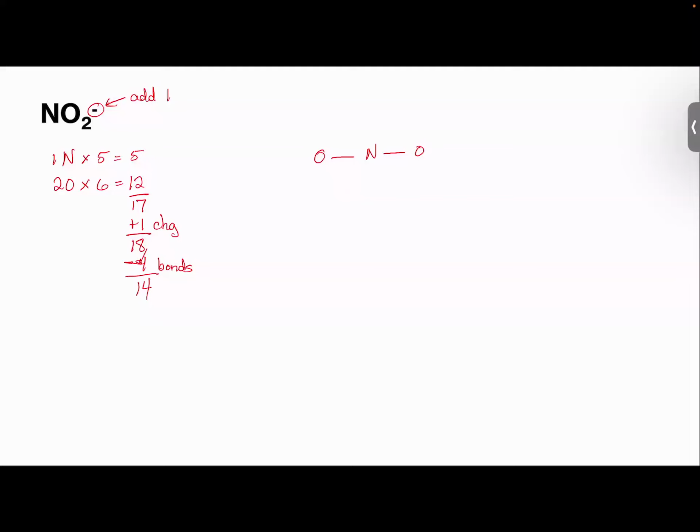The next step says to give your external atoms an octet. We're going to do so by giving our oxygens an additional 6 electrons per oxygen in order for the oxygens to have an octet. The reason they needed 6 more electrons is because they already had 2 electrons in the bond.